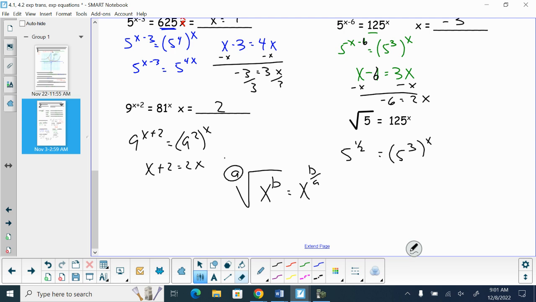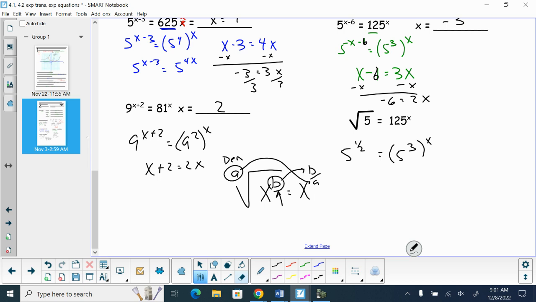This is your denominator. This here is your numerator.